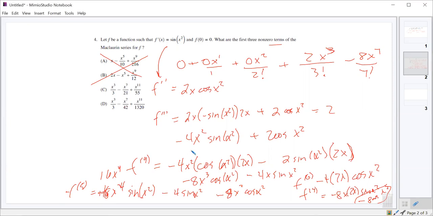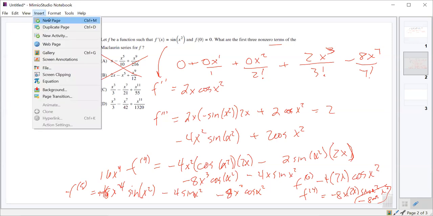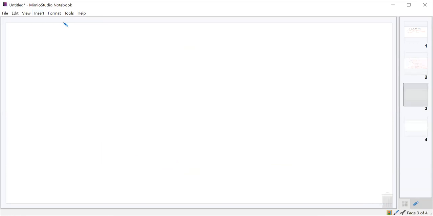If f prime is sine of x squared, I suppose. No, I guess nah. Yeah. Easier way to do this would just be to write out the series for sine of x squared and then integrate it term by term.